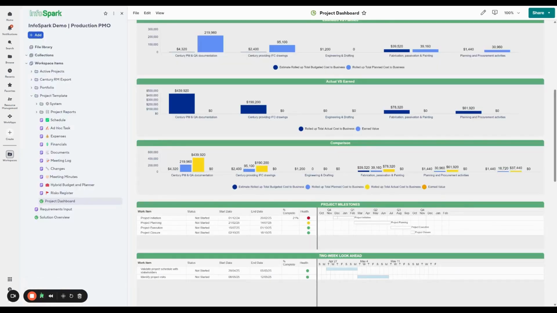So I've just flicked over to a different dashboard here that displays what I've just been talking about. So you can see, here's a project that hasn't started yet, but we can see for each phase of the project how much time has been allocated. And if we look down here, we can even see a bit of total budgeted cost. If we look at this one here, total budgeted cost versus the planned cost versus the actual cost.